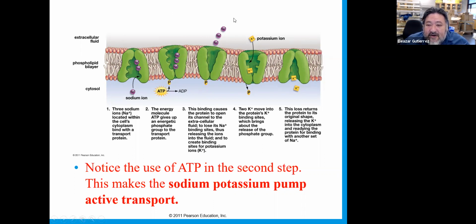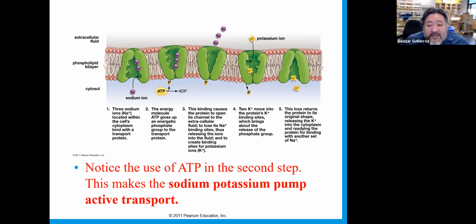Once the sodium goes out, now 2 potassiums come in. Notice that they associate with it. And once the 2 potassiums associate with the sodium potassium pump, it changes shape, releasing the potassiums inside. And once the potassiums are released inside, it is free to obtain 3 sodiums again.